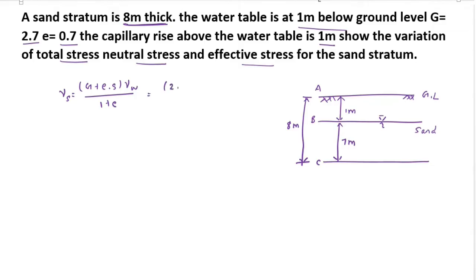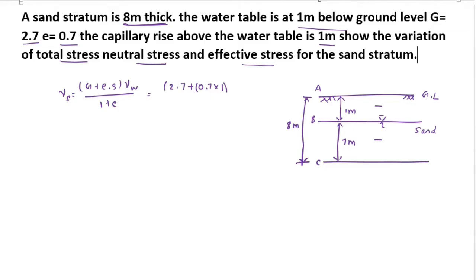So G is given 2.7 plus e value is 0.7, into, so the S value is 1 because it's completely saturated, because there is saturated water over here and also the capillary water over here. So it is a completely saturated sand layer.